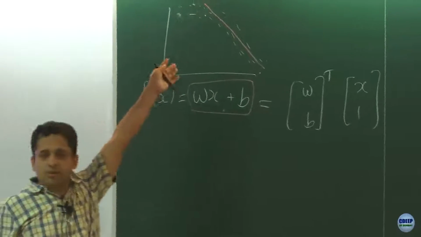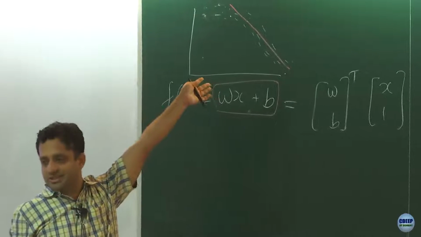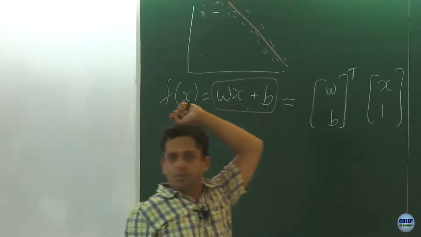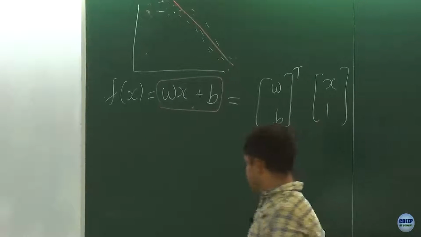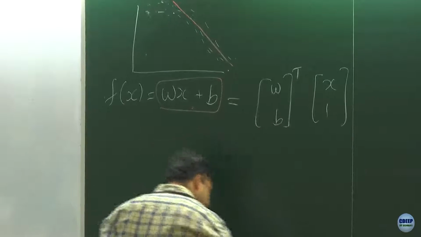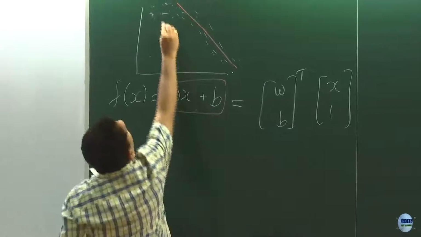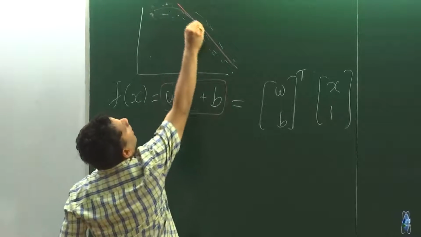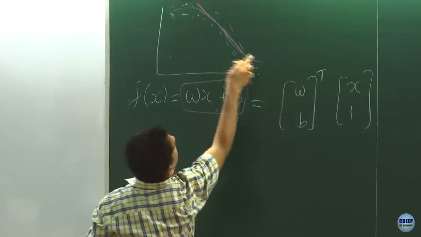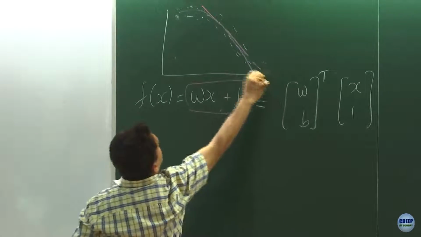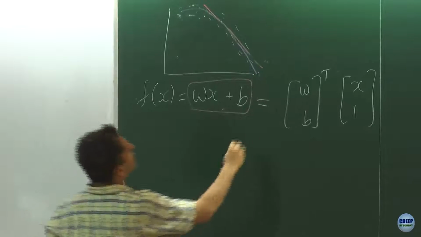Certainly, it doesn't look like a linear fit is the best choice. You could have probably got a quadratic fit to do better. So a quadratic fit would have looked like this.